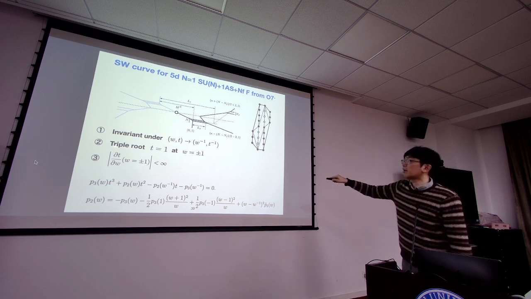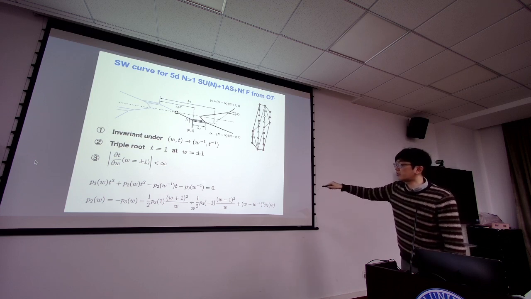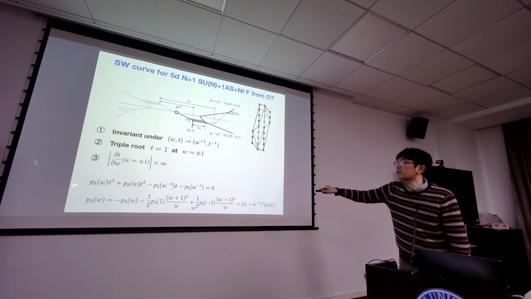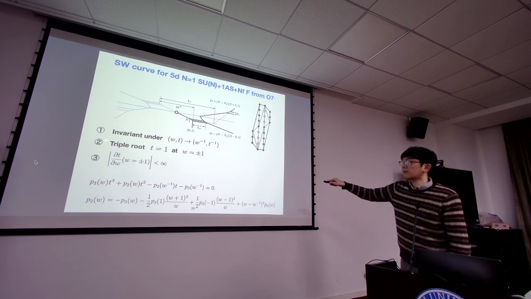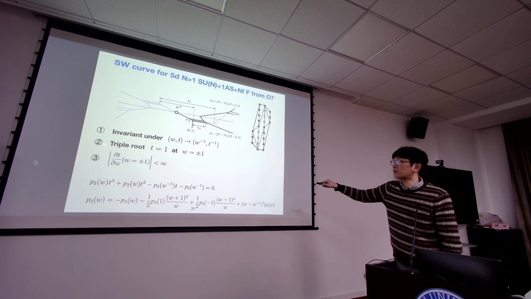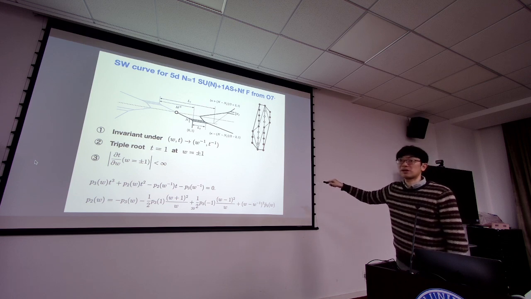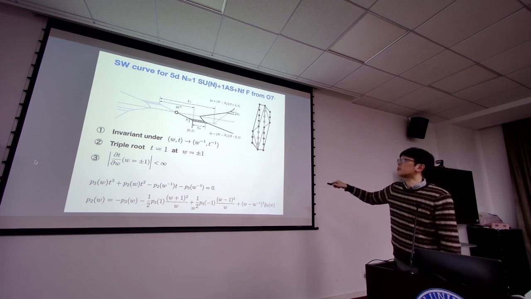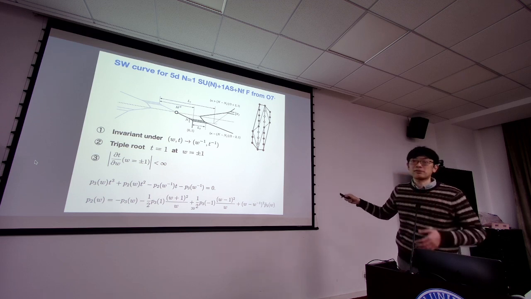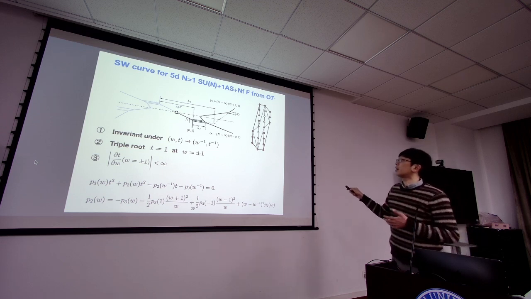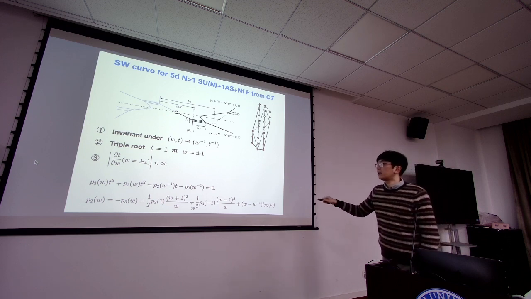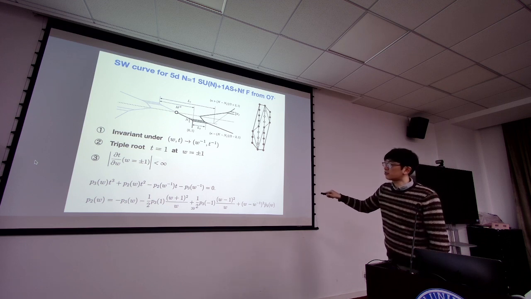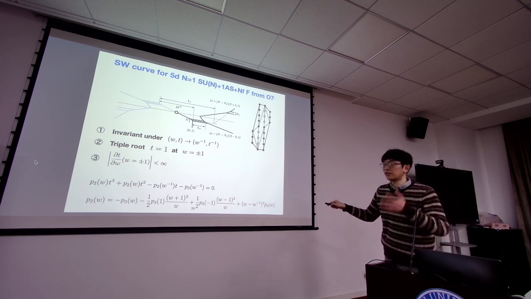So we have three solutions for t. And the condition is that we should have a triple root at w equals plus minus 1. So this is a natural generalization compared to the Sp(N) case. And a further technical, mild condition is also imposed in order to really determine things.